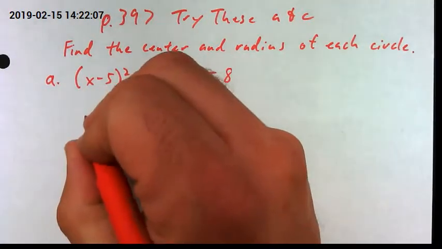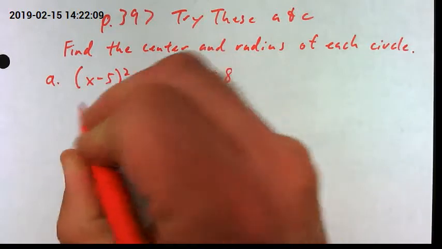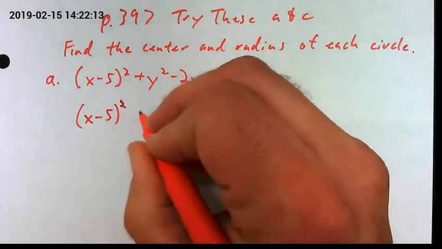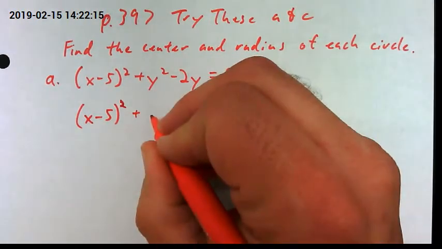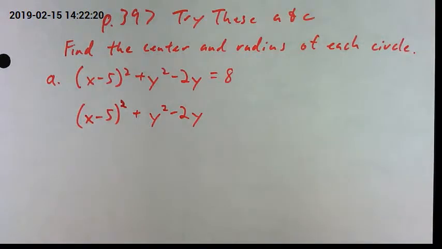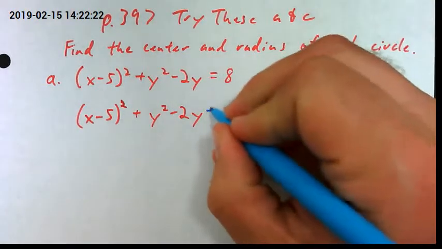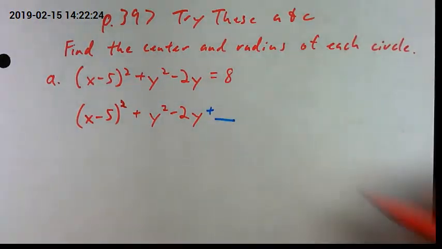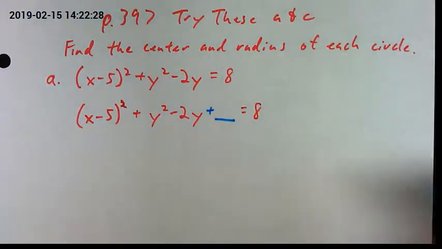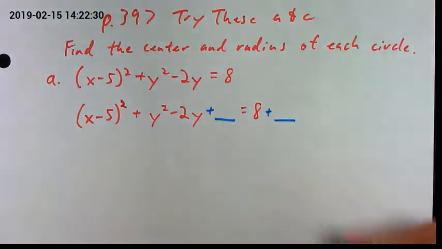So we're going to rewrite this and leave that gap to figure out what we have to add on here. So plus y squared minus 2y, and then we have to figure out what value to add in. Whatever you add over there, you're going to have to add to this side as well.